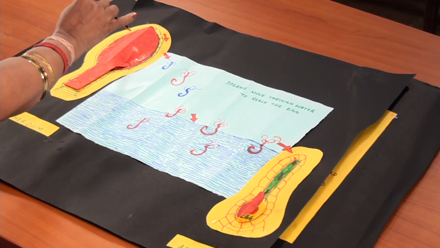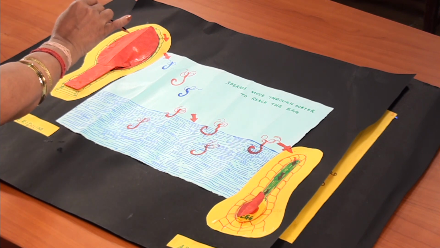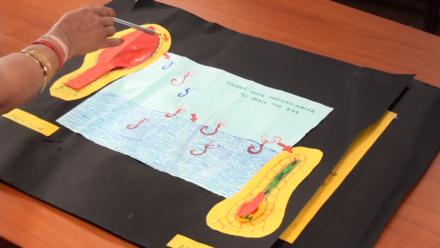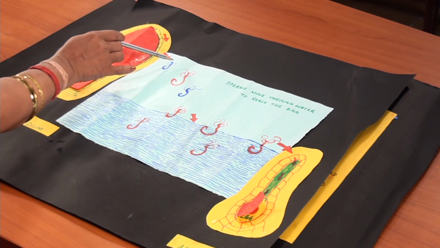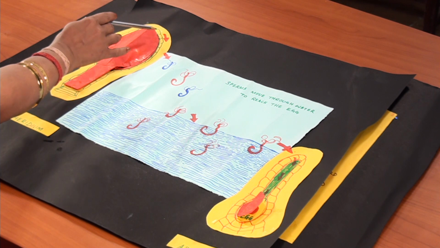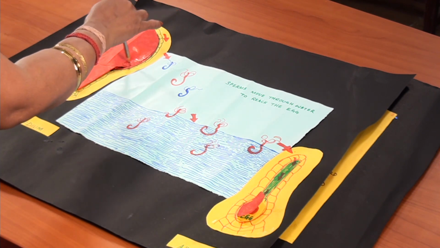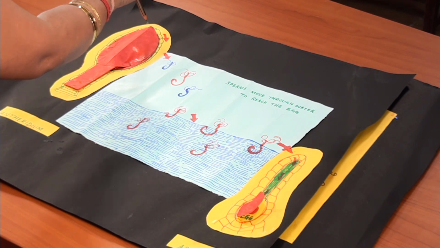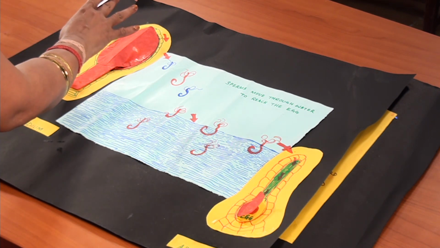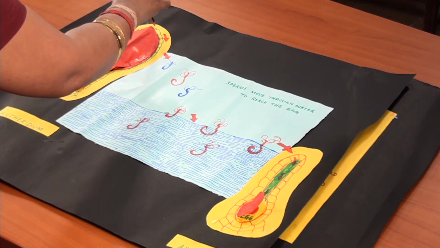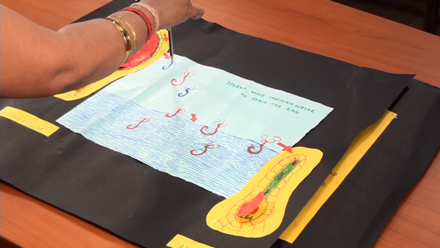The male gametes are called the antherozoids and they are flagellated. They have flagella. You see, I have given the arrow mark. Here they are released and now they have come out of this antheridium. How do they come out? By breaking of the wall when it is mature. The male sex organ, antheridium, when it matures, the wall ruptures and the male gametes are released.